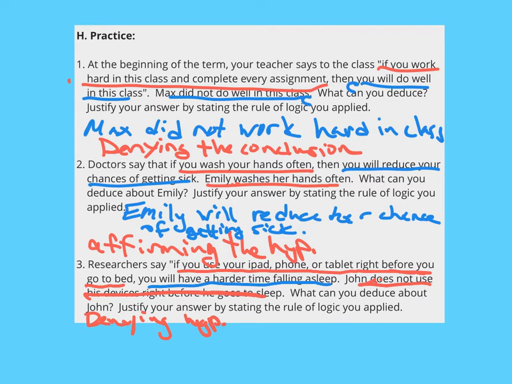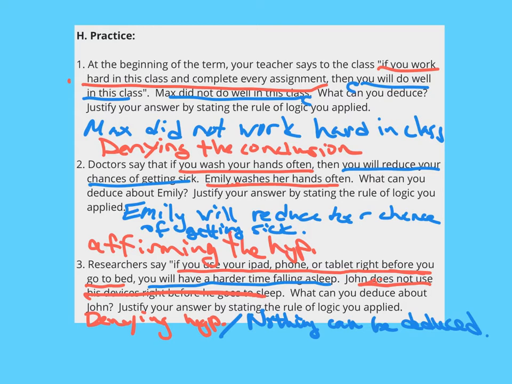And because of that, we don't have any rule of logic that follows denying the hypothesis. So there's actually no conclusion that can be reached. We cannot deduce anything. Nothing can be deduced because we don't have any rule of logic that follows denying the hypothesis.